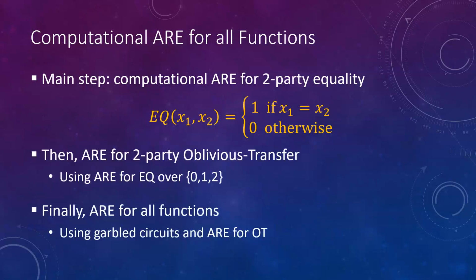Once you have that, you can use it to get oblivious transfer, and once you have oblivious transfer, you can use it with Garbling schemes to evaluate every function that you want. The one thing is that x1 and x2 have to come from a domain of size at least 3 in order to do that transformation.